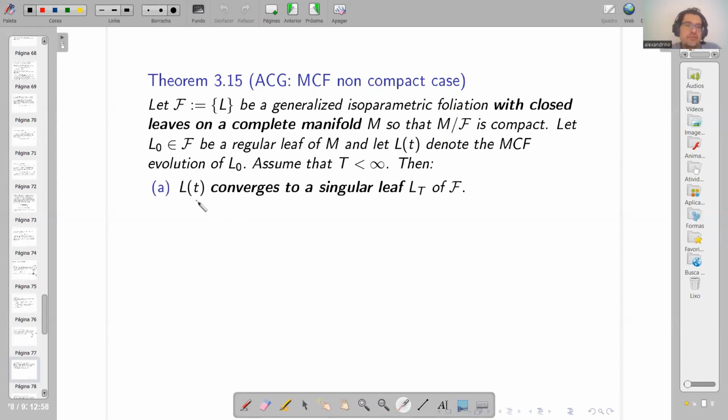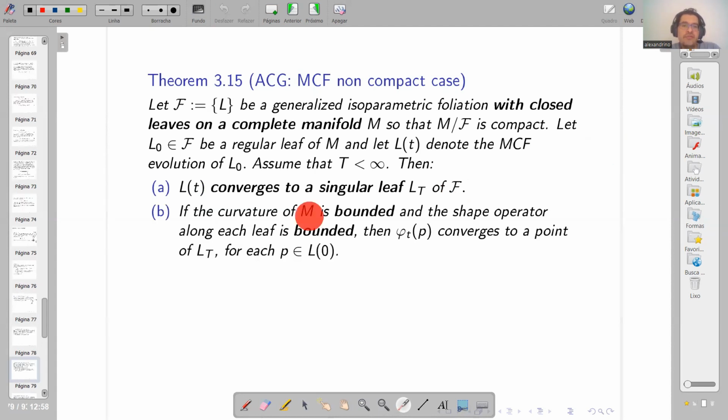And they say essentially the following. A leaf converges to a singular leaf in the sense of the quotient. And if the curvature of M is bounded and the shape operator along each leaf is bounded, that happens, for example, when you have actions, then given a point, your mean curvature flow actually converges.